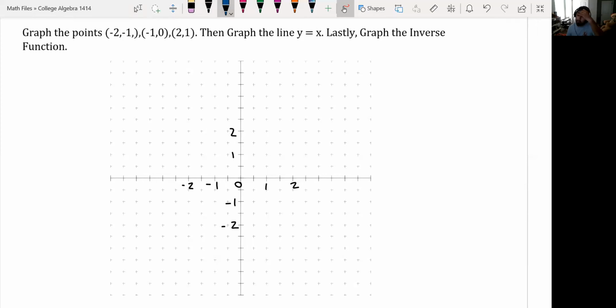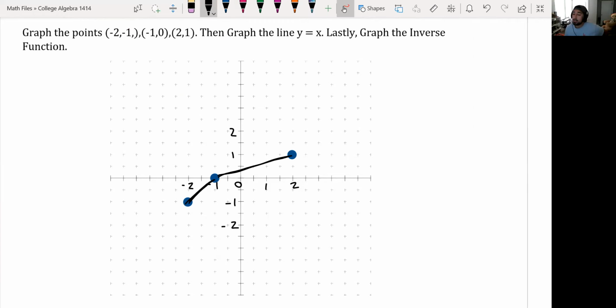I'll make use of my room. Okay, plot them again. -2, -1, -1, 0, and then 2, 1. Hey, that looks better. Probably should be a little more. There we go, something like that.